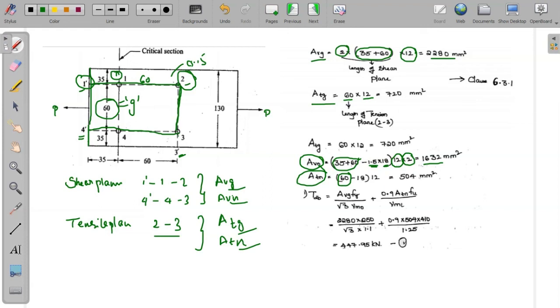So 60 minus 18, only the diameter of 1 bolt has to be taken out, times the thickness of the plate 12 will give you the area. So in this way you are able to calculate all these 4 areas.